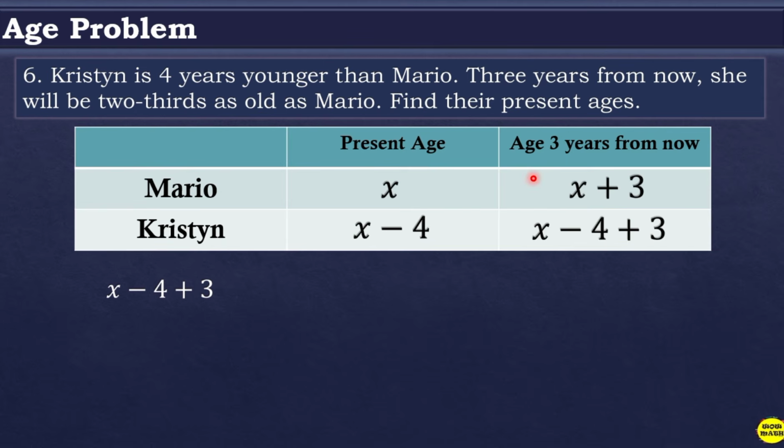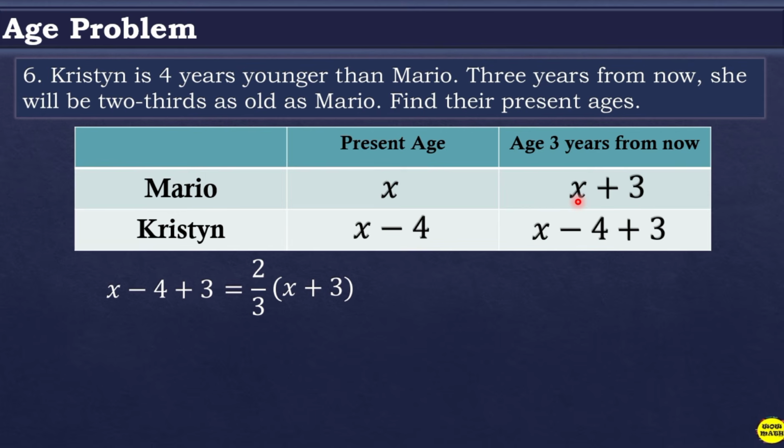So, dito tayo magbe-base. She, so ano ba yung age niya 3 years from now? X minus 4 plus 3. She will be 2/3. So, equals to 2/3 as old as Mario. Ano ba yung age ni Mario after 3 years? Kasi dun tayo nag-base. 2/3 times x plus 3.